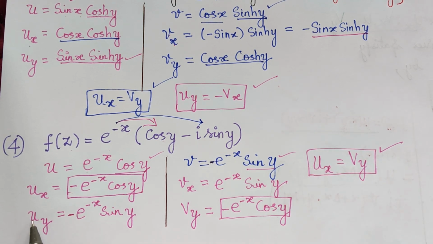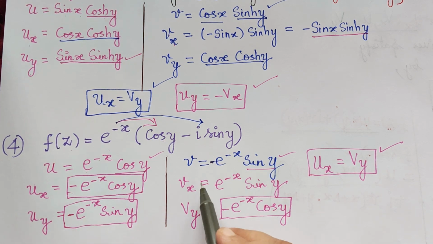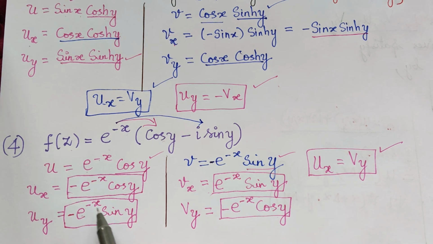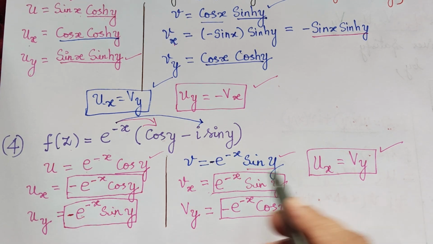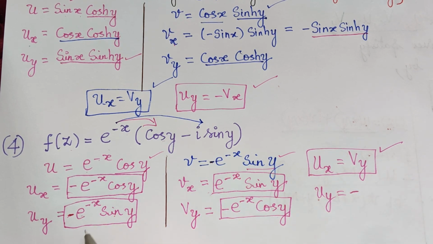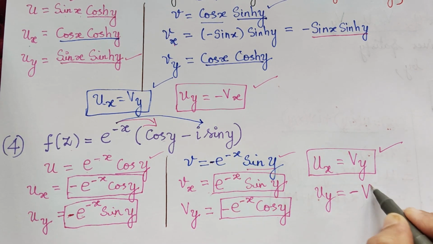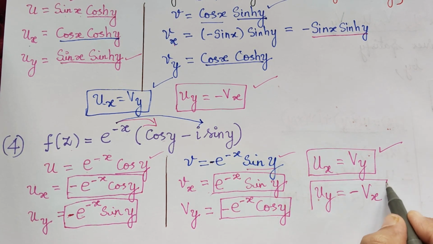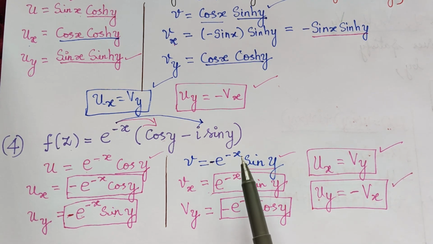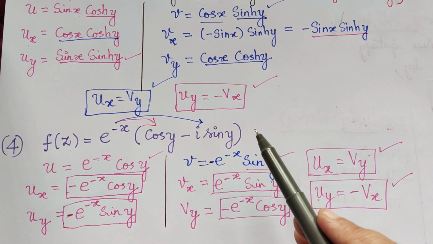Next we shall check uy, which is minus e power minus x sin y, and vx is e power minus x sin y. So we have a negative here. Therefore uy is equal to minus vx. So we see that the second condition is also satisfied. Therefore the given function satisfies the CR equations.